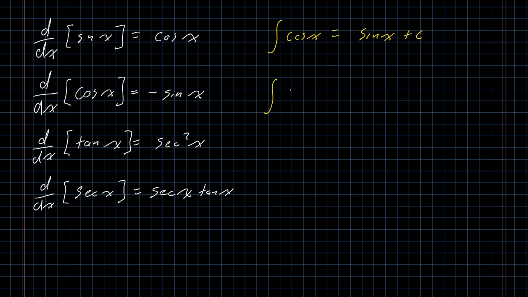The integral of sine x, well, here we have that minus that showed up, so we have to keep that, is going to be minus cosine x plus c. The other ones are a little bit weird. It feels like there's no way this will ever come up.